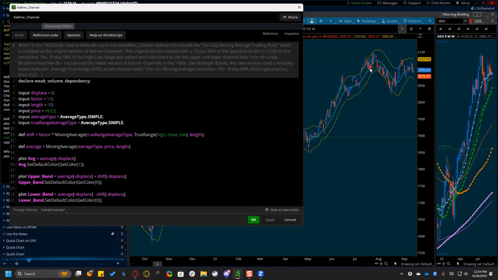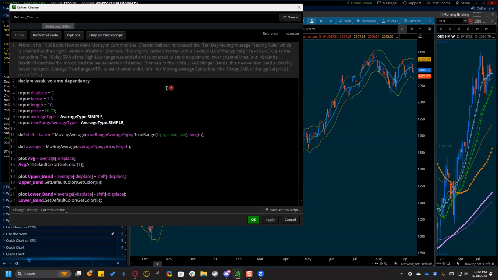This here. And then to get the edges of the channel, they took high minus low and added it to that cyan line to get the top number, and subtracted it from that cyan line to get the lower channel. And that's how this thing was originally used.